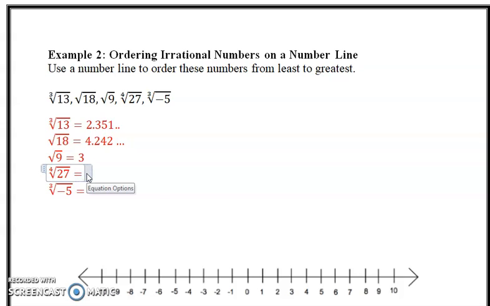The fourth root of 27: we know the fourth root of 16 is 2, so it's going to be 2 and a little bit, 2.279 and a bit. Then the cube root of -5 gives you negative 1.709 and a bit. Once you have the decimals, then you can place them on the number line.